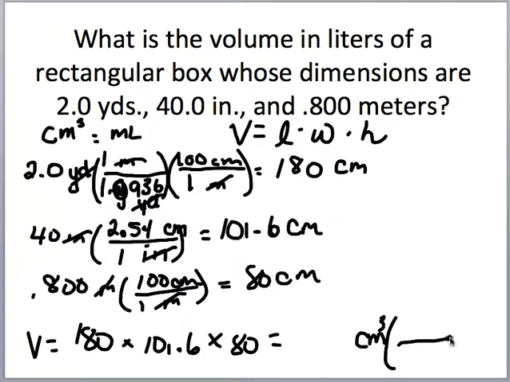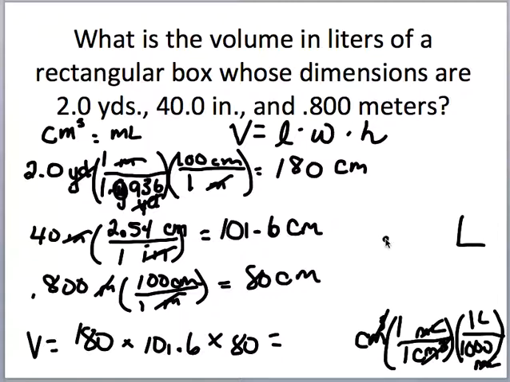Well, I know that 1 centimeter cubed is equivalent to 1 milliliter. The centimeters cubed cancel, and then there are 1,000 milliliters in a liter. So my milliliters cancel, and I will get an answer in liters, which is what the problem wanted.